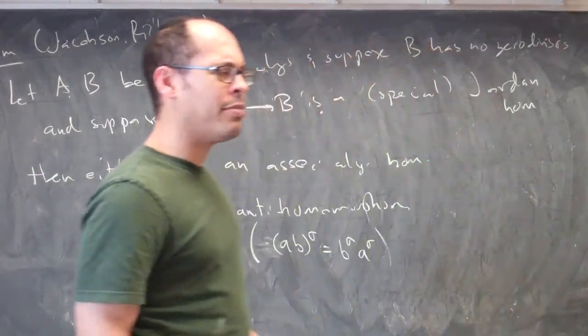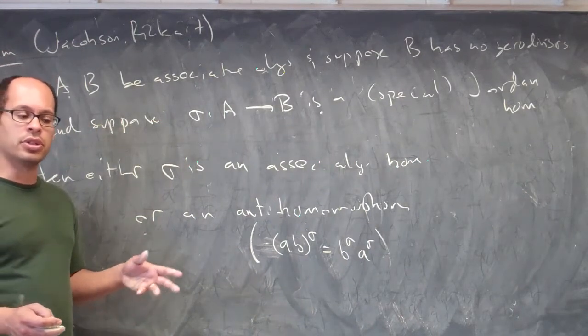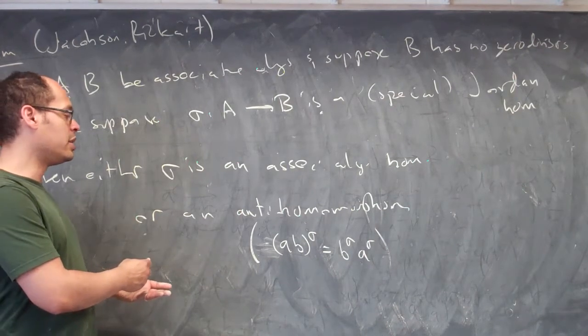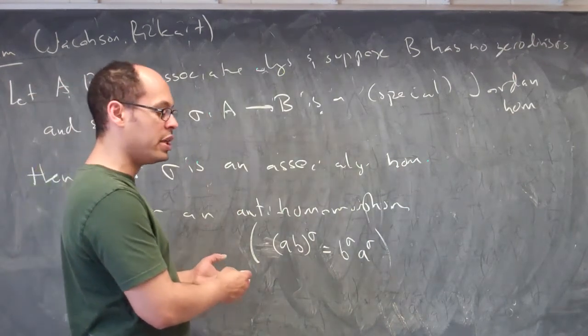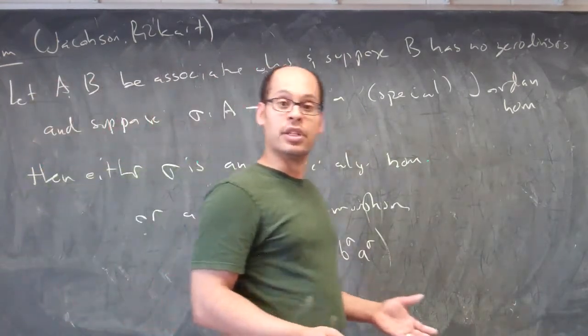Okay. So what this is saying is that the Jordan structure, the structure encoded in these new operations of squaring and taking AB to ABA, well, it's not everything.